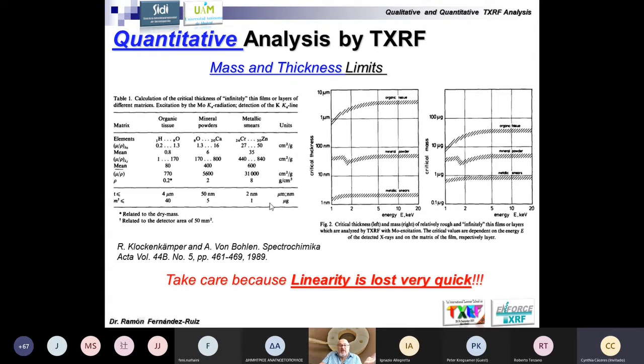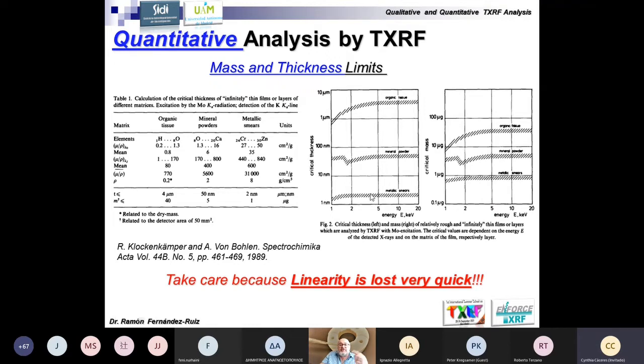Okay, and obtain the thickness and mass limit, the maximum limit of mass that one should add to our reflector to accomplish the linear behavior of the TXRF previously defined.